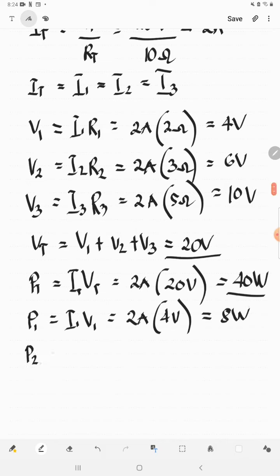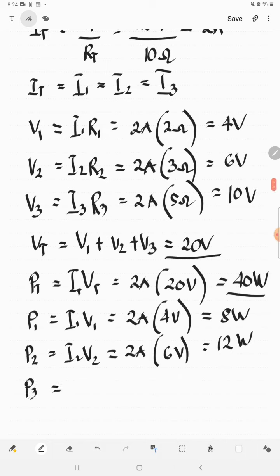Okay, and P2 equals I2 times V sub 2, so 2 amperes times 6 volts equals 12 watts. And P3 is simply again equal to I3 times V3.